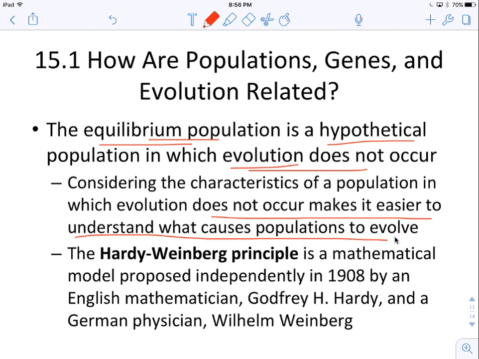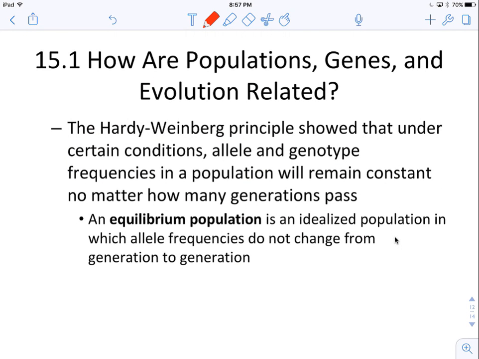This is setting us up to study some super fun thing we call the Hardy-Weinberg principle, or Hardy-Weinberg genetic equilibrium. It's a mathematical model proposed to describe these hypothetical populations that are not evolving. The Hardy-Weinberg principle showed that under certain conditions, allele and genotype frequencies in the population will remain constant no matter how many generations pass.